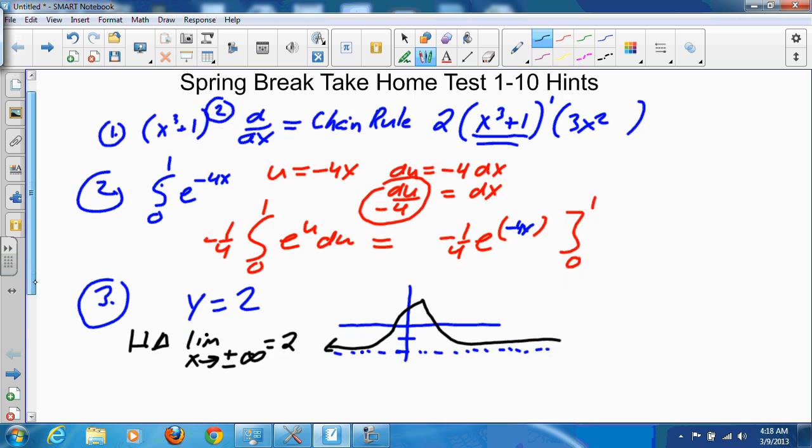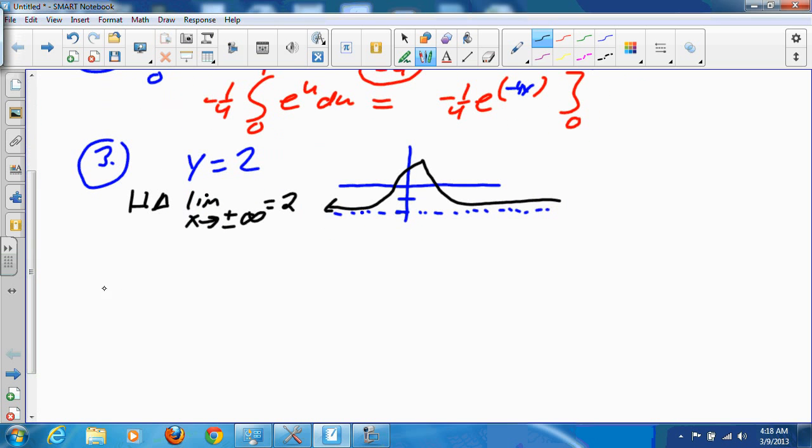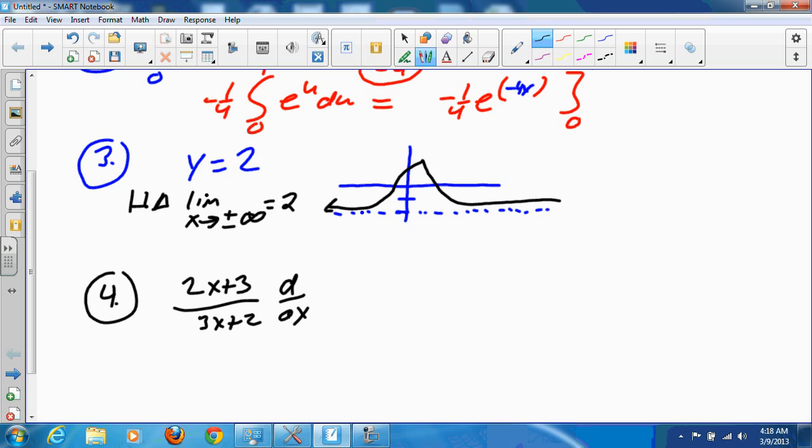Okay, and let's take a look at number 4, see what that says. So we have this function, 2x plus 3 over 3x plus 2, and they're asking us to find the derivative of this. So of course, this one we're just thinking about the quotient rule.